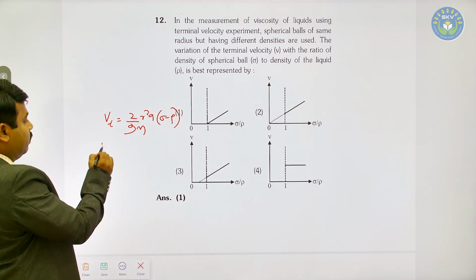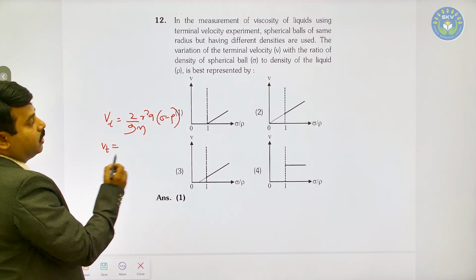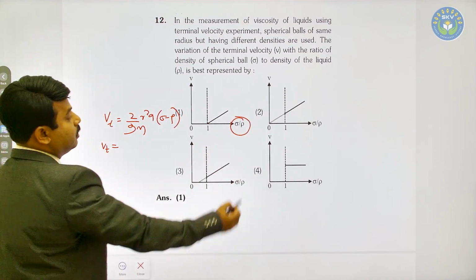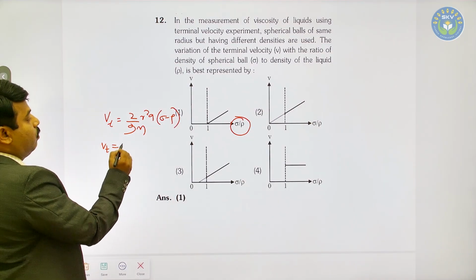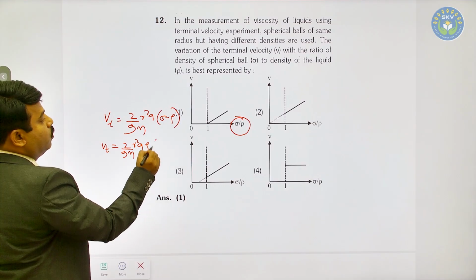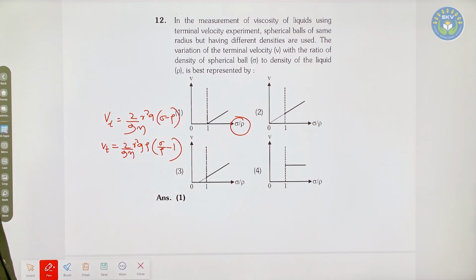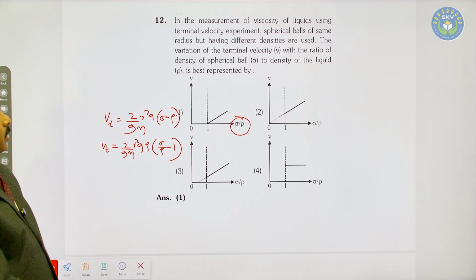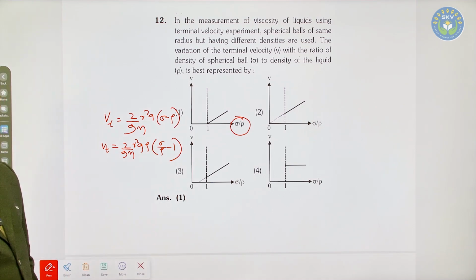Now we can take V of t is equal to, take this rho out. Why? Because we need a graph between sigma by rho. So rho we take out: 2 by 9 eta R square g rho into sigma by rho minus 1. Now in this graph, if sigma by rho value is 1, then 1 minus 1 is equal to 0.